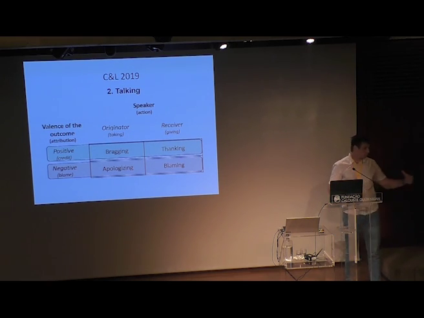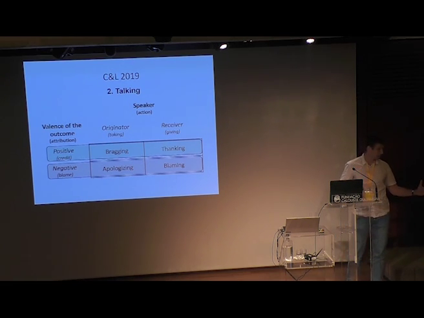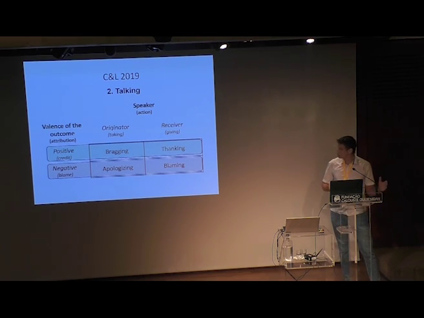Now the two people involved have an opportunity to redistribute the responsibility. So now Roland can apologize for his bad idea, and if he does not do that, I might take the next step of blaming him.